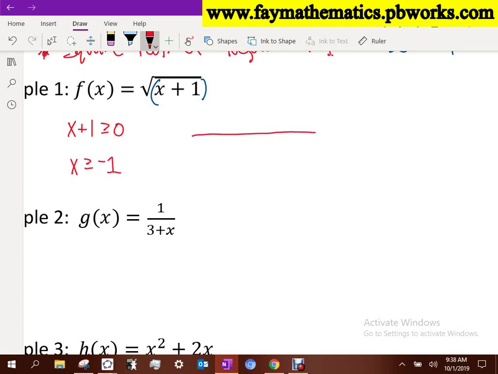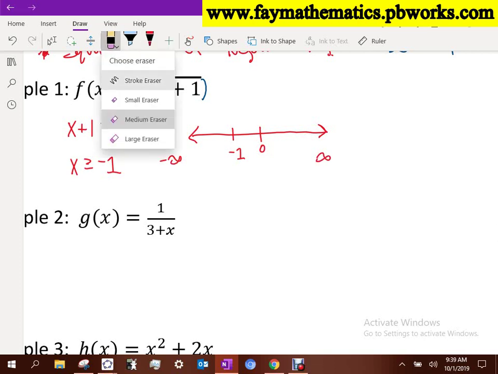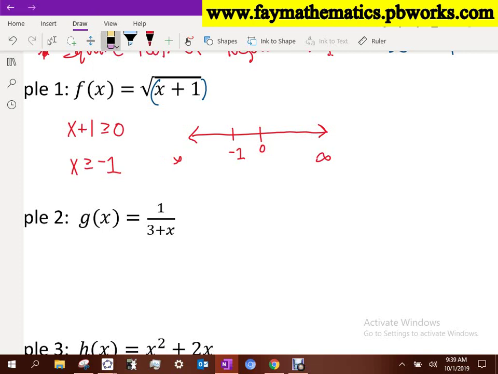So here's the idea. We started with the assumption that the domain for this function was all real numbers, so this entire number line, negative infinity to positive infinity. And then we realized there are some square root issues.